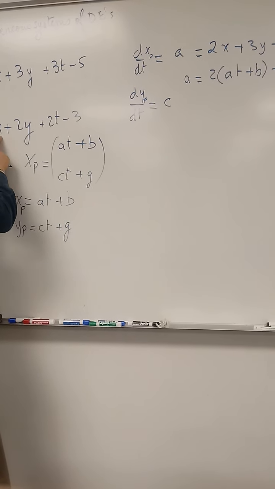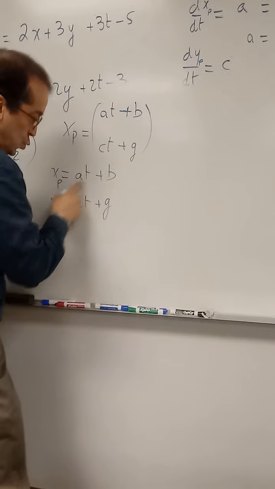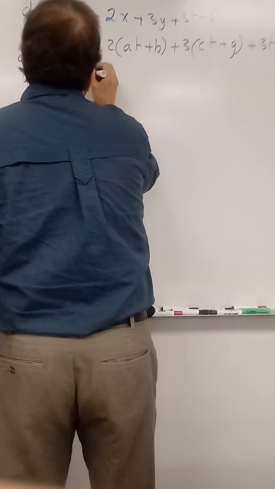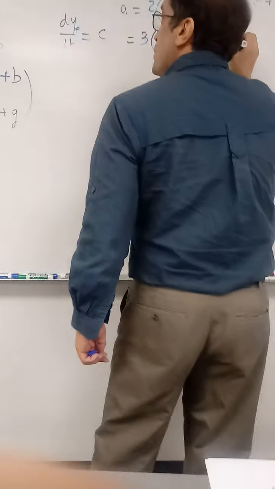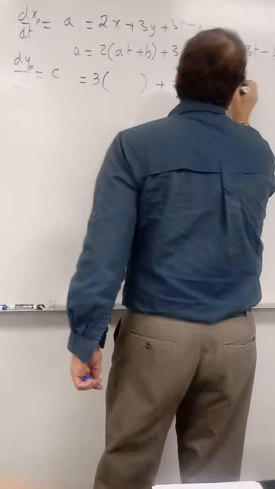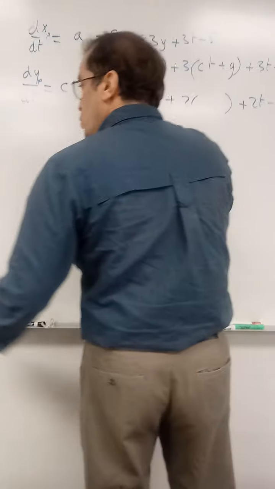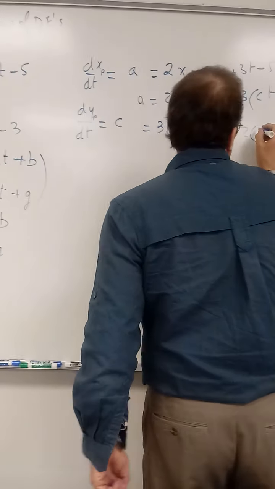That should equal 3x plus 2y plus 2t minus 3. So c equals 3x plus 2y plus 2t minus 3. And for x, I'm going to put in at plus b. And for y, ct plus g.